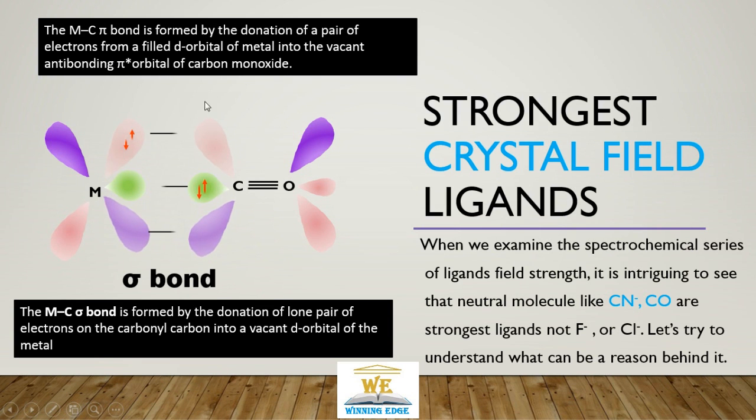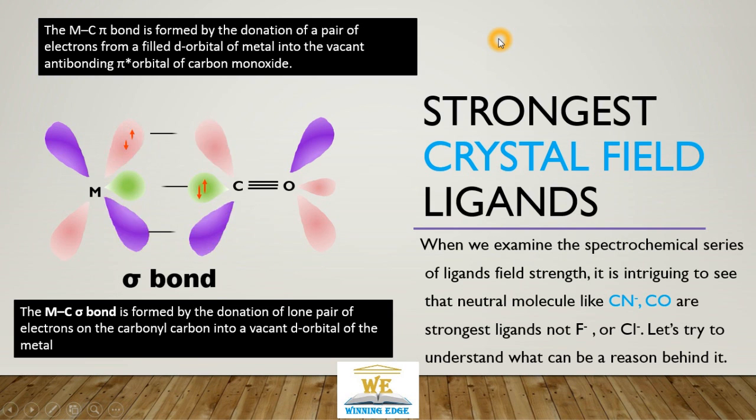As you know, anti-bonding molecular orbitals are very high energy, having energy comparable to the d orbitals of the metal, and their orientation is suitable. That makes the overlapping or transfer of electrons from the d orbital to the anti-bonding pi orbital of carbon possible.